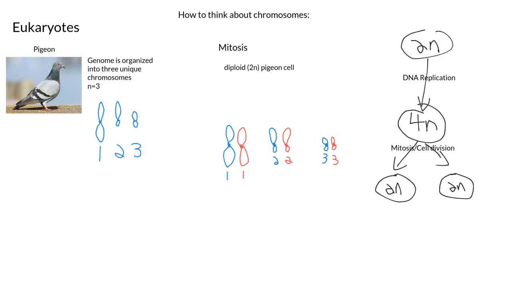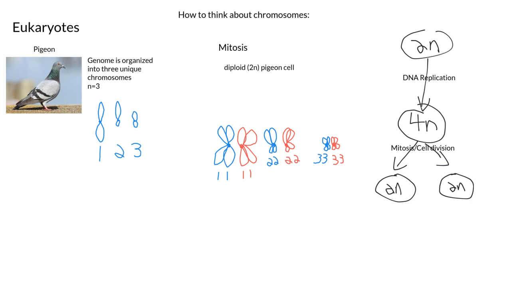Now that we've established what chromosomes look like in a diploid cell, let's think about the diagram that I drew before, which shows DNA replication and then subsequently mitosis and cell division once that DNA has been replicated. As we go from 2N to 4N through DNA replication, the chromosome sets that you see down here are duplicated physically and remain associated with one another.